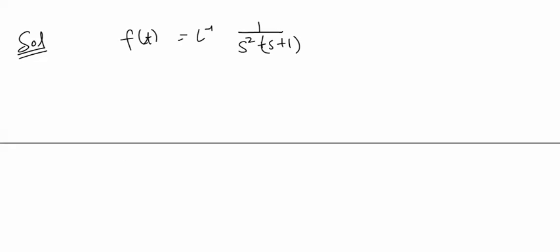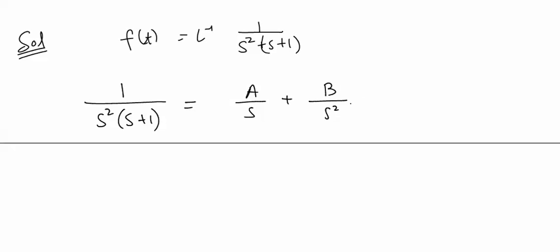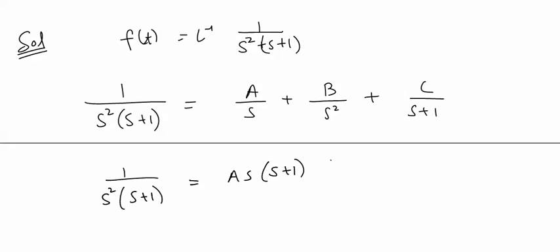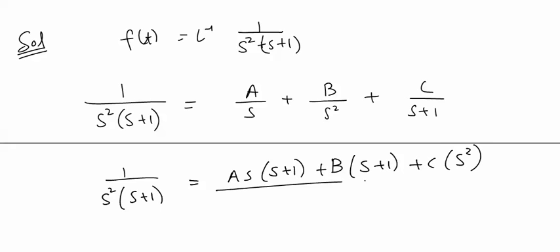If I use partial fractions here, how will it look? It will be a upon s plus b upon s square plus c upon s plus 1. Now when I solve this, 1 upon s square into s plus 1 is equal to as into s plus 1 plus b times s plus 1 plus c times s square, upon s square into s plus 1.